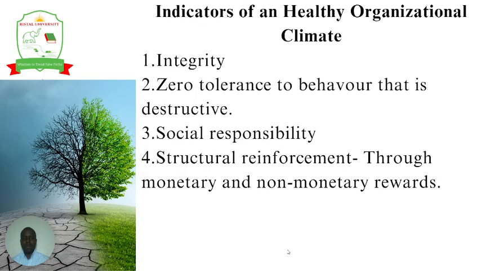And we have indicators of a healthy organizational climate. Number one is integrity. So every organization must practice high levels of integrity. Number two is to ensure zero tolerance to behavior that is destructive. And number three is social responsibility.